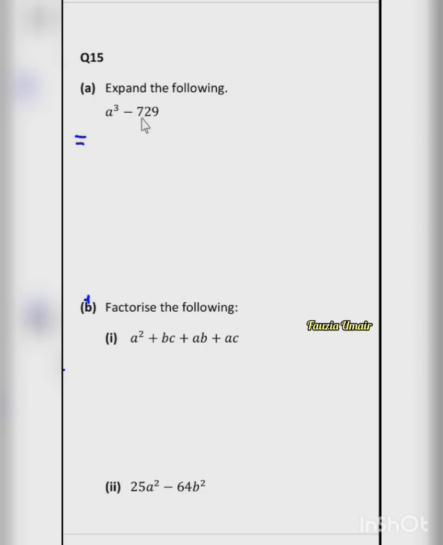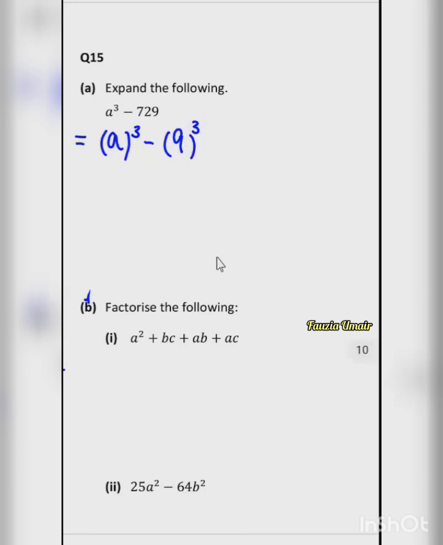So for this formula, basically I can see that this is a cube. And can anyone guess 729 is cube of which number? 9. It's 9 cube. So it's a cube minus b cube.